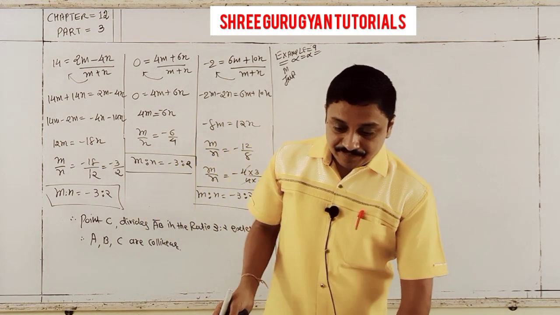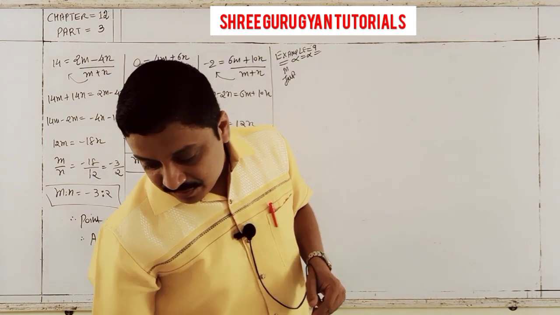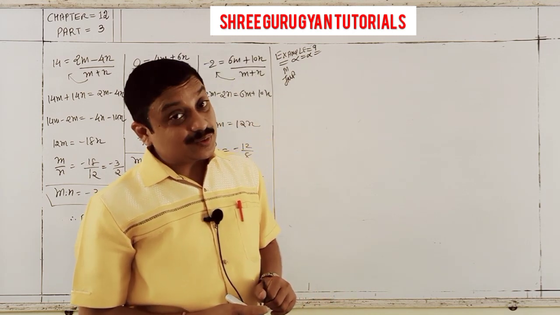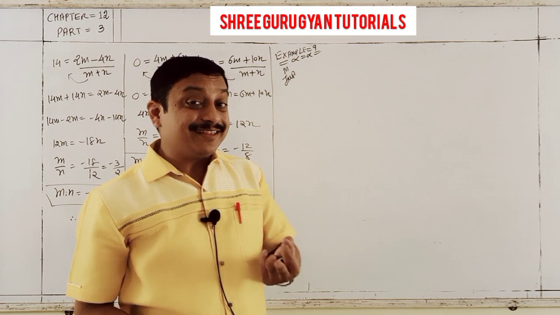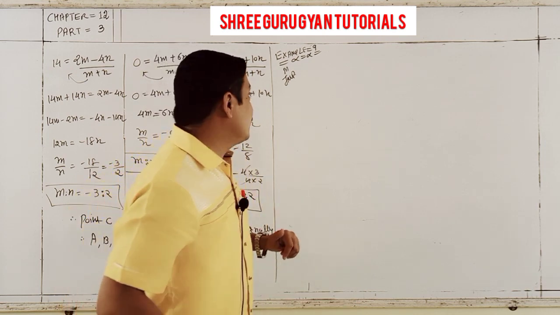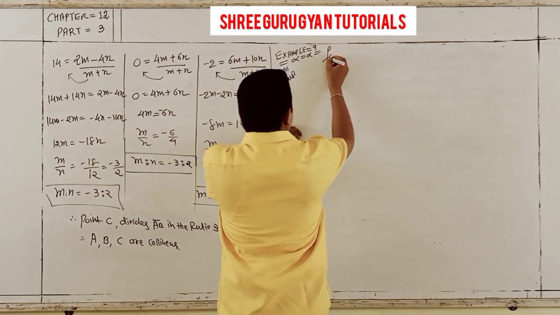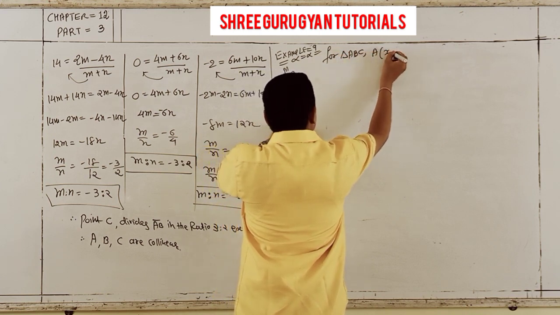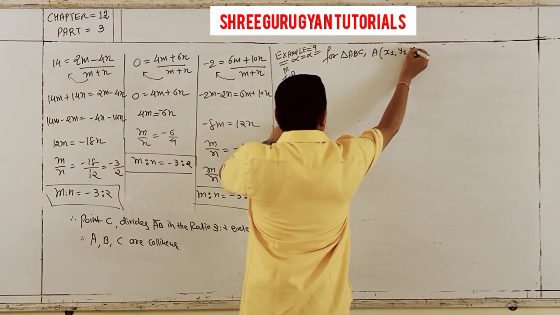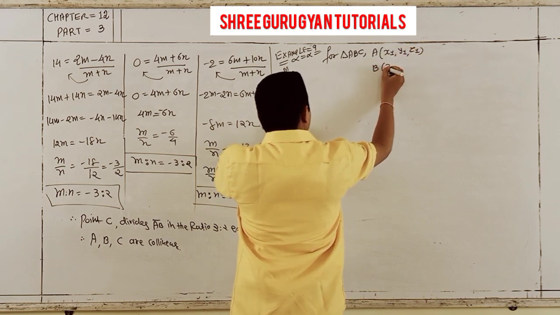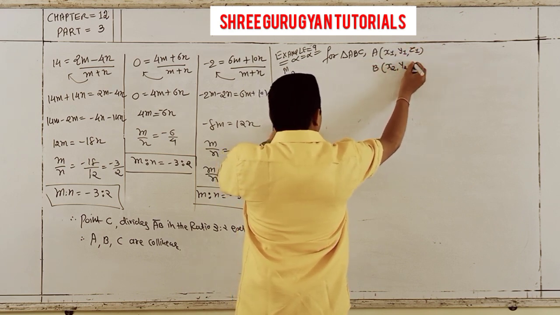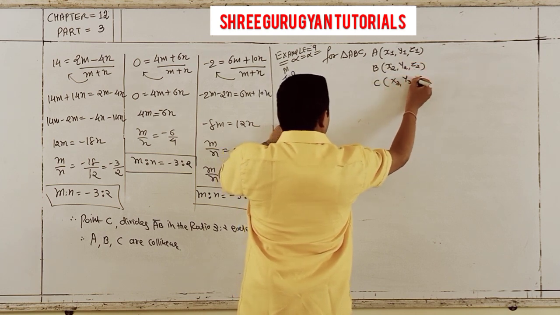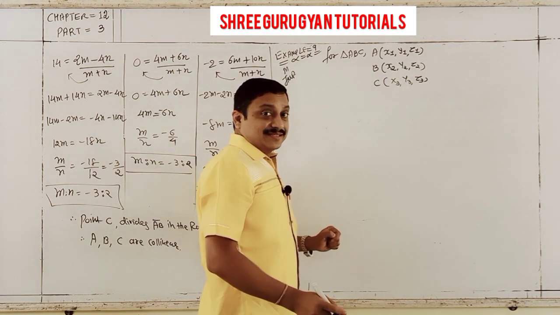Question is there: for triangle ABC, the vertices are given as A (x1, y1, z1), B (x2, y2, z2), and C (x3, y3, z3).